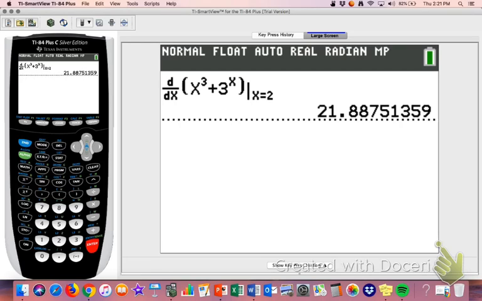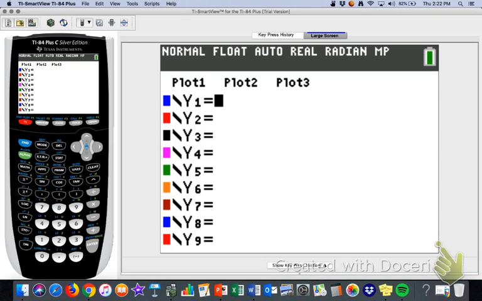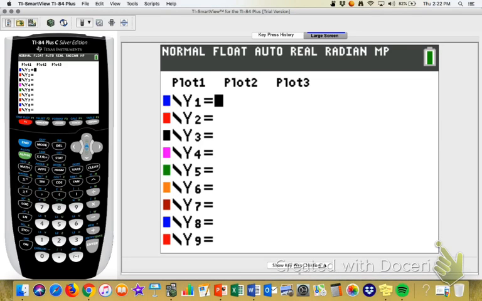Now, if you're asked to find the value of the same function's derivative at several different values, you can enter the function one time if you go to y equals. Let's say this is asking me to find the value of the derivative of the natural log of x squared minus 3 at 2 and 4. So I just want to plug that function in one time into my y1.